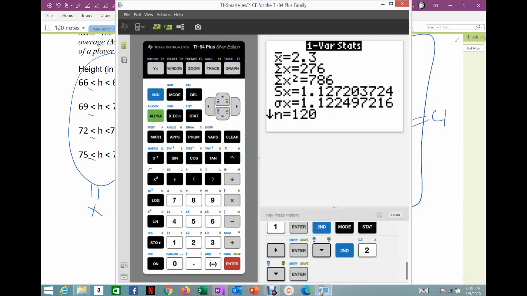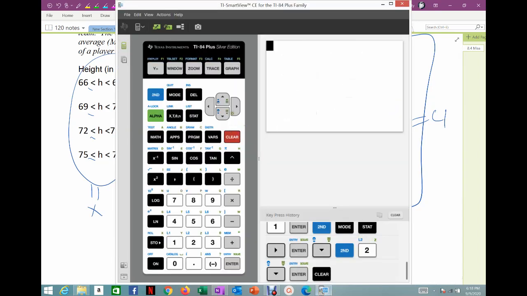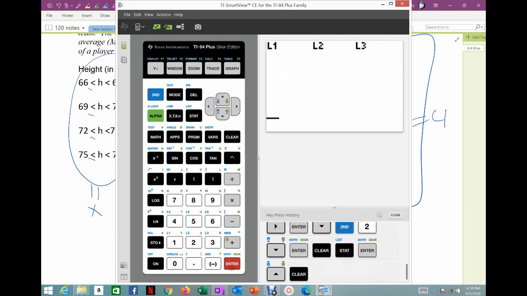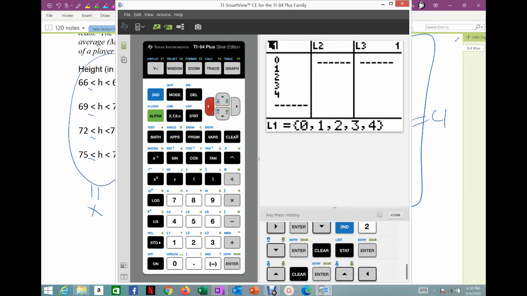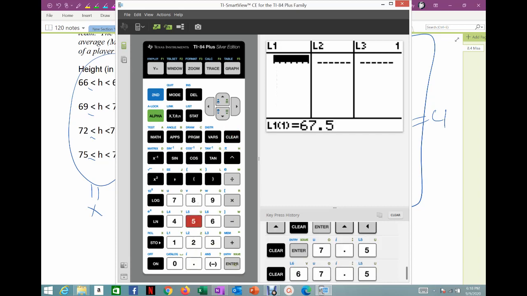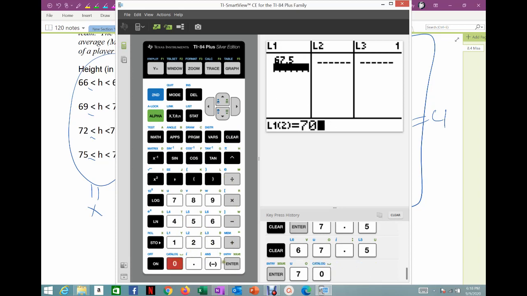So I go to my calculator and I plug them in. So I'm going to clear. So stat, edit, clear out my list first, and then type my new list in. First, it's list 1, which are the midpoints: 67 and a half, 70 and a half, 73 and a half, and 76 and a half.